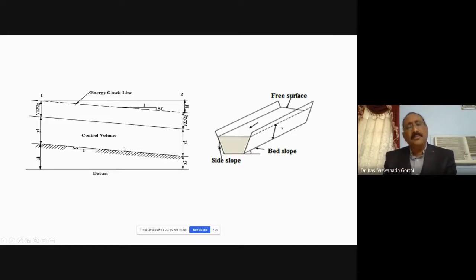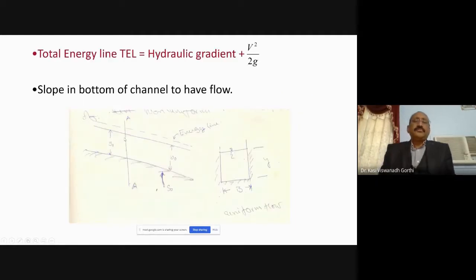This hatched portion provides you the channel bed. If you have taken section 1 here and section 2 here, then the volume formed between section 1 and section 2 is called the control volume. Usually, we adopt the control volume approach for analyzing these open channel flows.